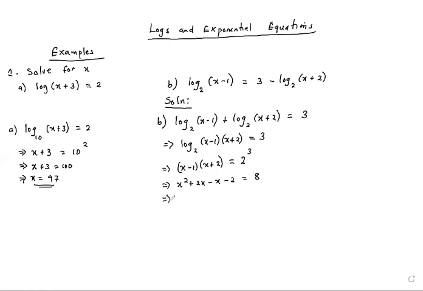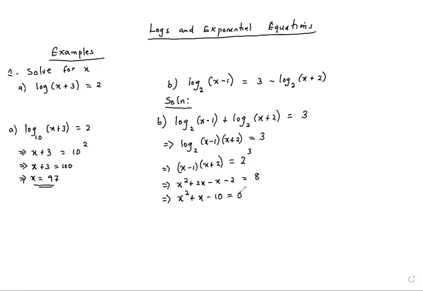So that we have a quadratic: x squared plus x minus 10 is equal to 0. That's what we have as a quadratic there.